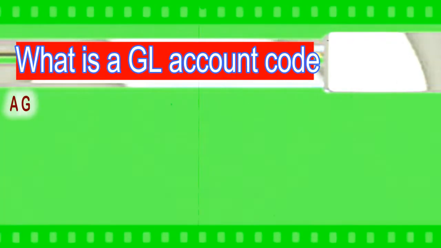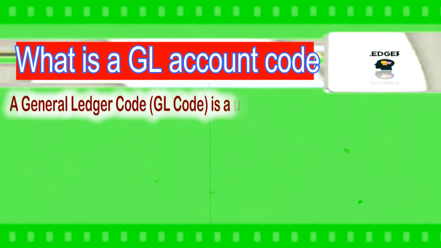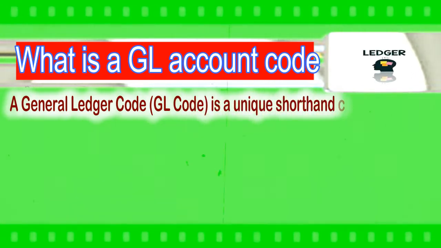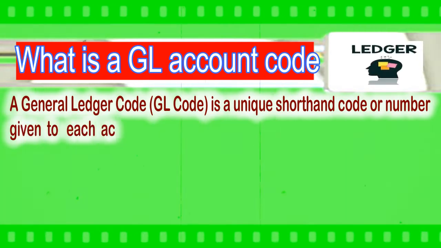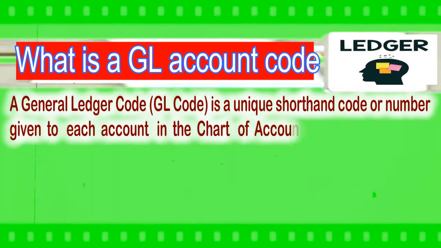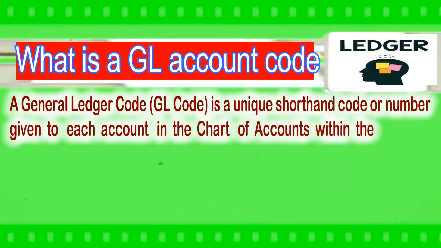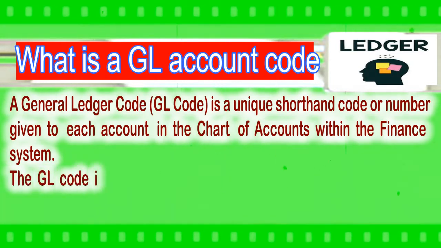Now, next question is, what is a GL account code? A general ledger code is a unique shorthand code or number given to each account in the chart of accounts within the finance system.